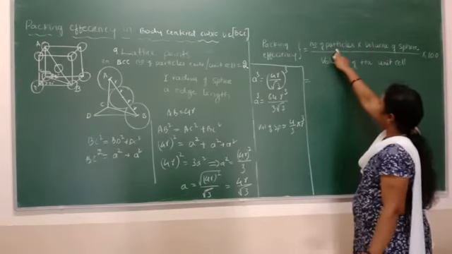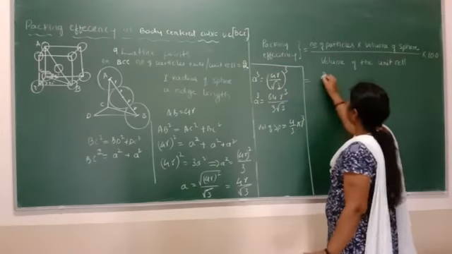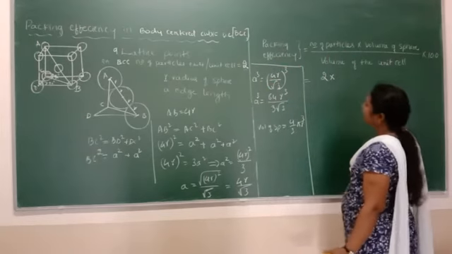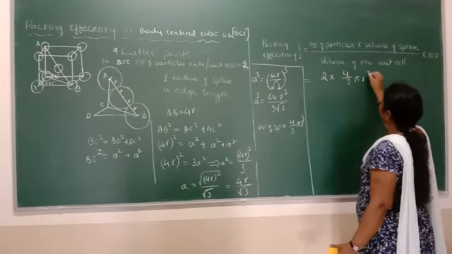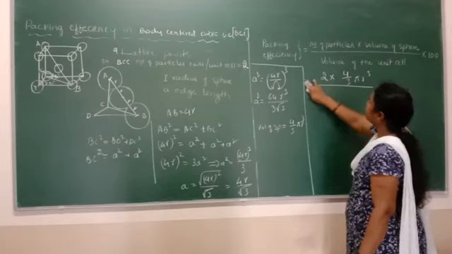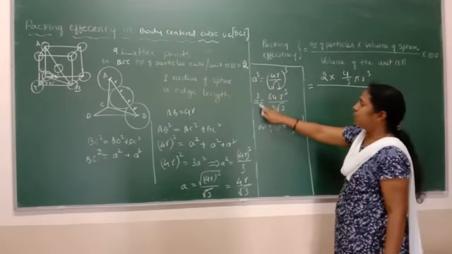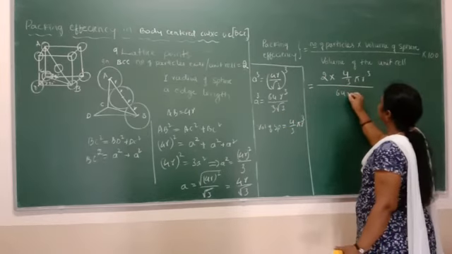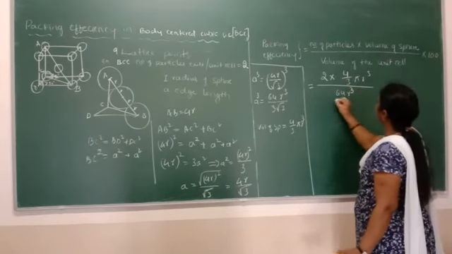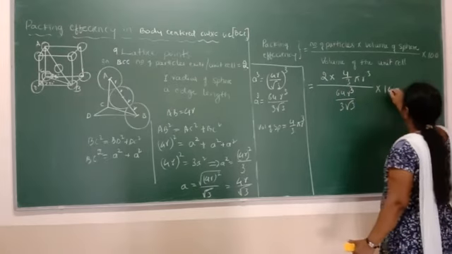What is the number of particles per unit cell in case of BCC? It is found to be 2, into volume of the sphere, 4 by 3 pi r cube, divided by the volume of the unit cell. Here A cube is the volume of the unit cell. It is found to be 64 r cube divided by 3 root 3, into 100.